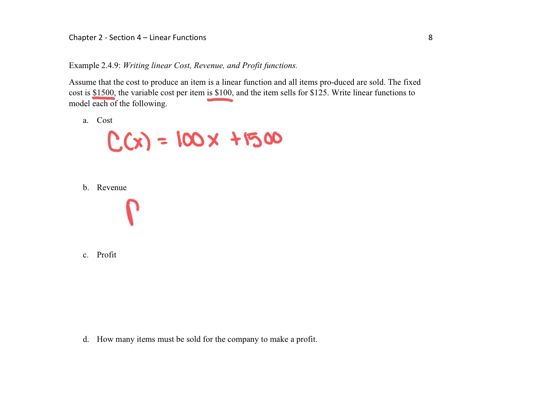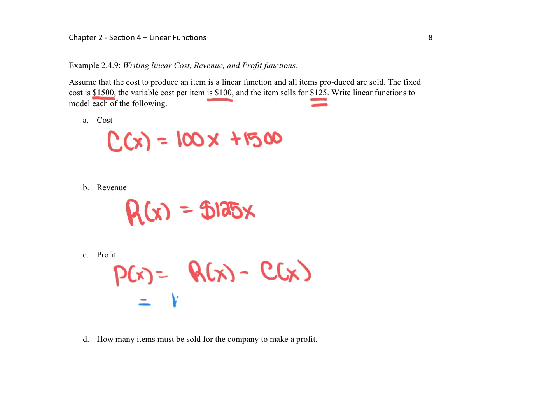My revenue function, my R of x, it says that they sell each item for $125. So 125x for each item. And if I want to find my profit, I do my revenue, the money I brought in, minus the cost, what it cost me to make it. So I'm going to get 125x minus parentheses.